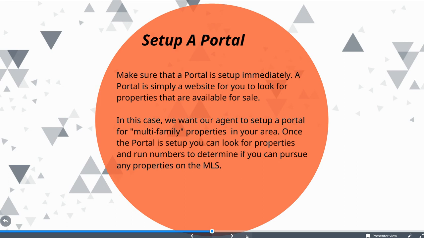Once your agent sets up the portal, they're going to send you a link, and that link is going to have a username, password, and stuff. Then once you enter the portal, you're going to see every single multifamily property that's for sale.